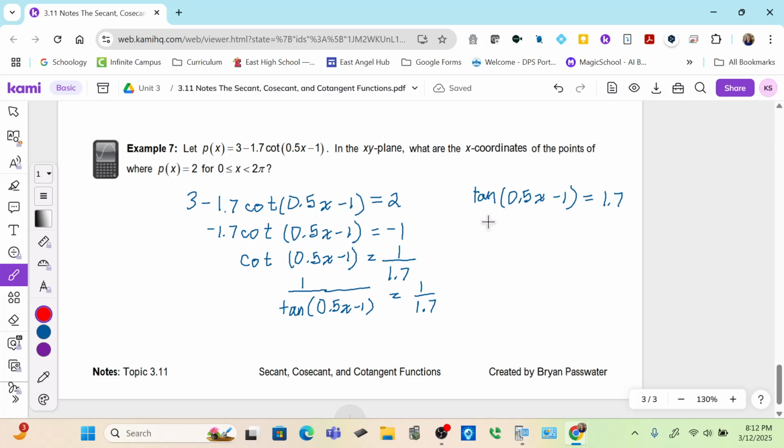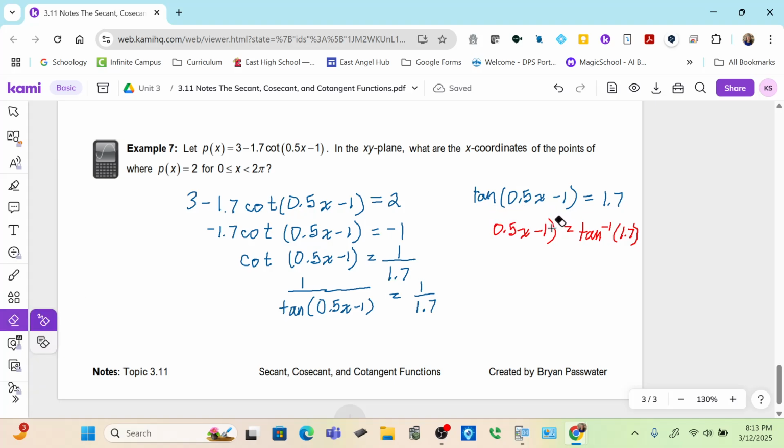That's going to leave me with 0.5x minus 1 equal to the arctangent of 1.7. I can find that value in my calculator, and because it's probably going to be a decimal, I'm going to wait till the very end to enter this. I no longer need the parentheses around the 0.5x minus 1.